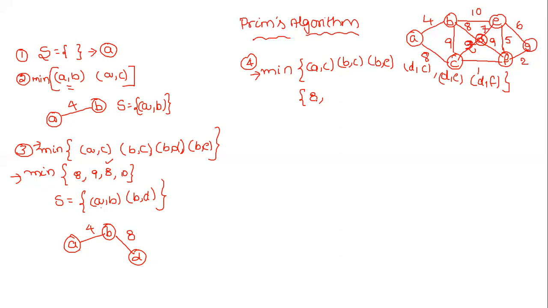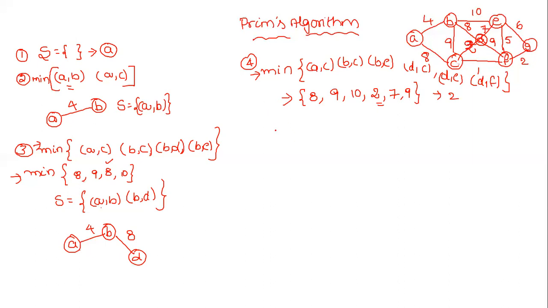So here A to C is 8, B to C is 9, B to E is 10, D to C is 2, D to E is 7, and D to F is 9. Among all these edges, 2 is the minimum, so we will consider the edge from D to C.